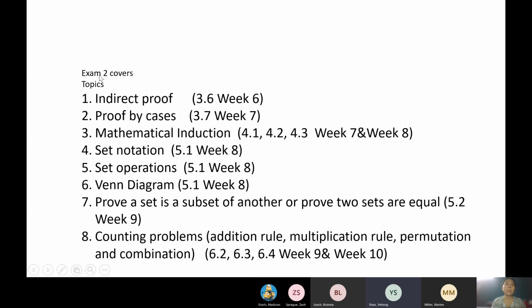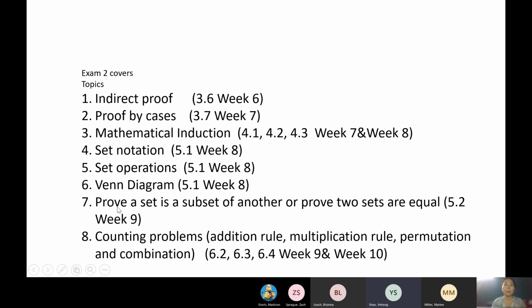Exam 2 will cover the following topics: indirect proof, proof by cases, mathematical induction, and set theory. We will have set notation like belong to or a subset, set operations, intersection, union, and all those.